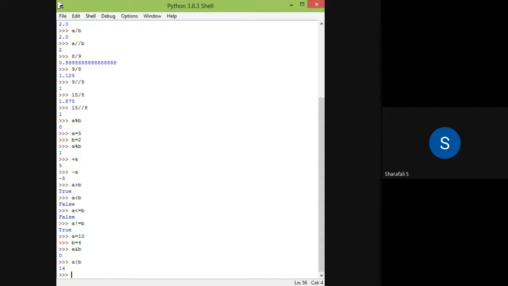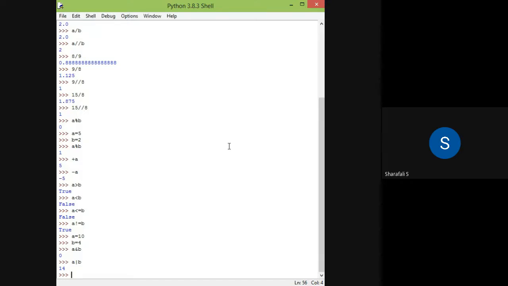I think I have to discuss any other operators here in programming. Let's see. Maybe I should give you an example for the assignment operators. I didn't give one. Okay, I will give one example here.